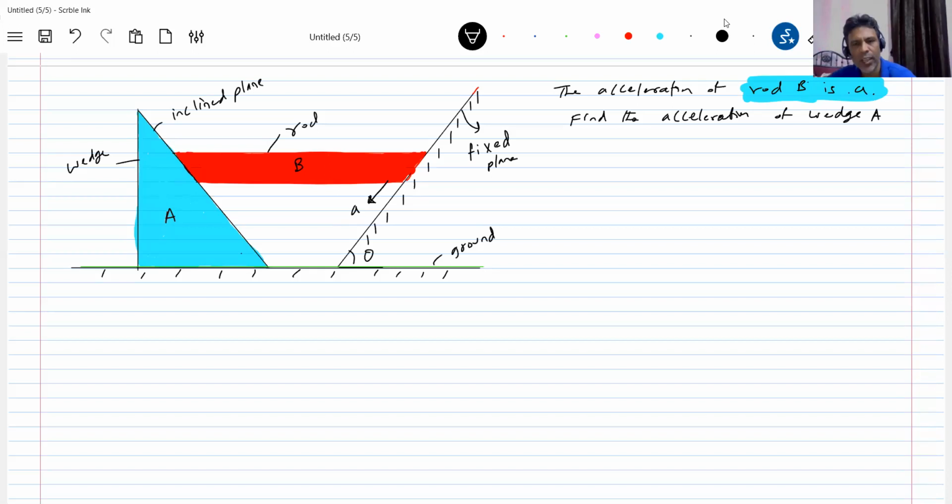Let's focus more on that inclined plane. So I'll bring that inclined plane.